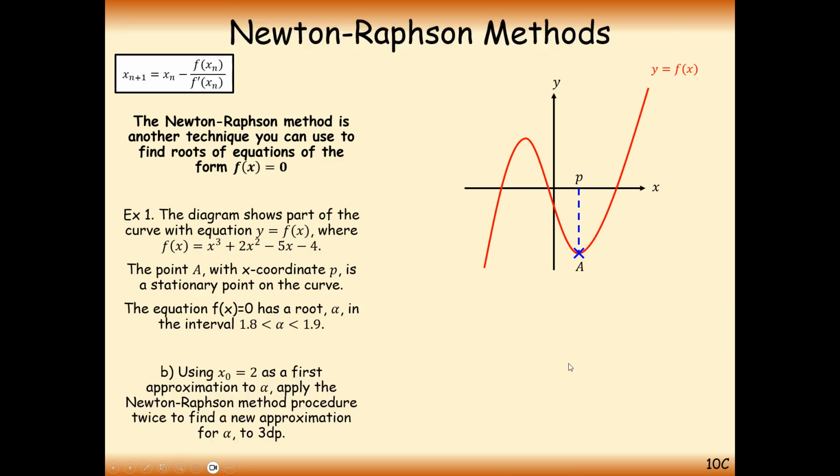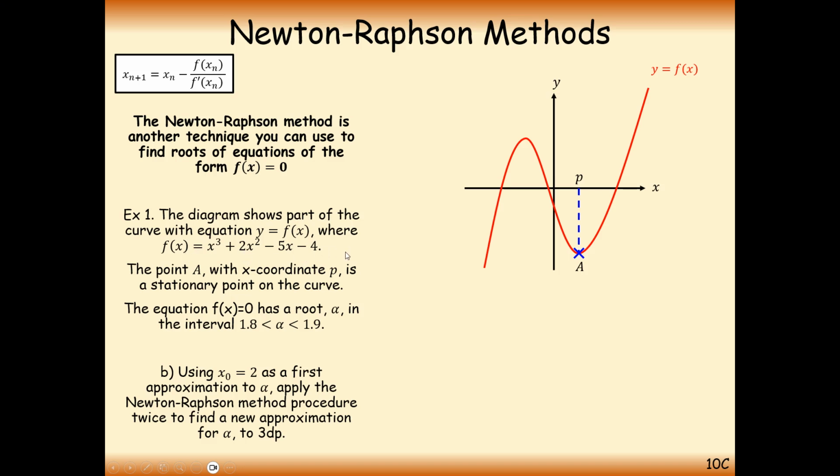In part B of the question, we are asked to use x naught equals 2 as the first approximation to alpha and apply the Newton-Raphson method to produce x1 and x2, after 2 iterations. Note that they told you just to stop after 2 iterations. So, what we need to do is figure out the function for the derivative.